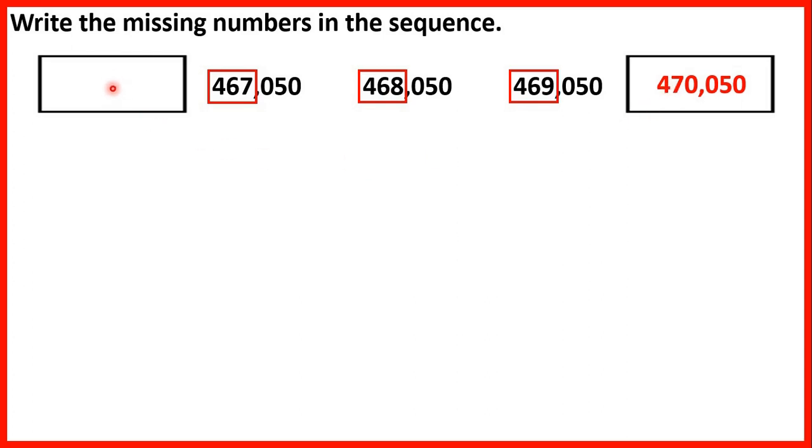So here, to get our missing number, we need to subtract 1,000 from this number. But because we've already highlighted our digits, rather than 467, we will have 466 in our hundred thousands, 10,000s, and thousands place, and then the 050 will stay the same. So that's 466,050.